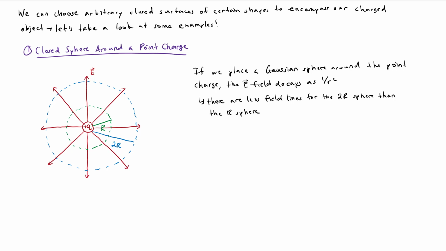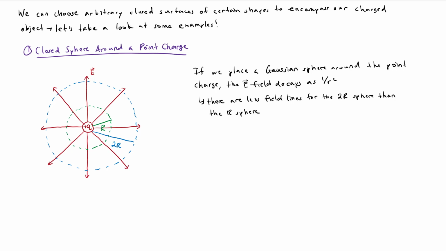That makes sense. The farther away you get from the point charge, the smaller the magnitude of your electric field. So the number of field lines that are going to penetrate the same amount of surface for the 2r sphere is going to be much less than the one that penetrates the same amount of surface for the r sphere.